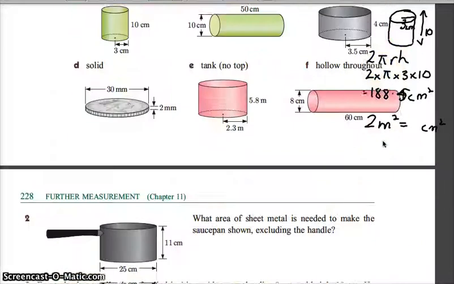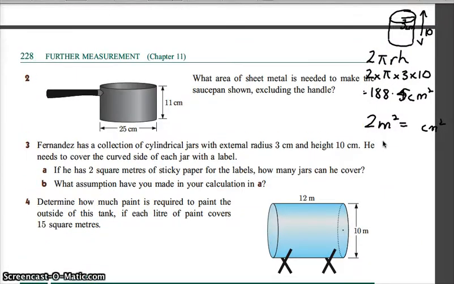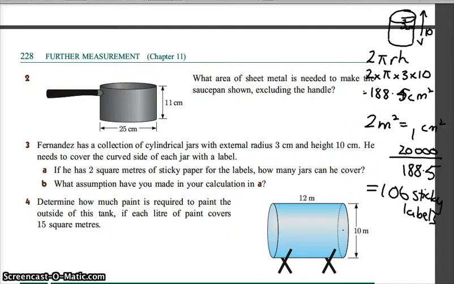Do you have them in close proximity? Yeah. So that leaves you with 20,000 square centimetres divided by 188.5 gives you what? 106 sticky labels could be made, which is what the answer was.